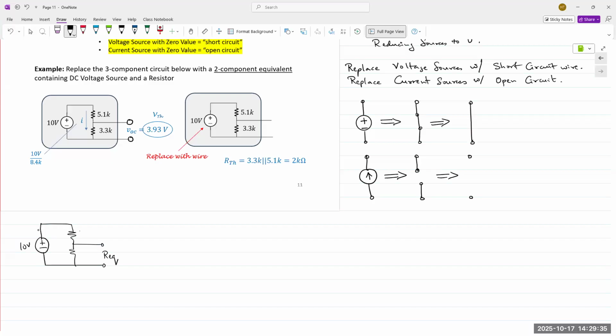So this is 5.1 kilo ohm, 3.3 K. What do we do? We short out the place where the voltage source was connected. And we measure REQ.